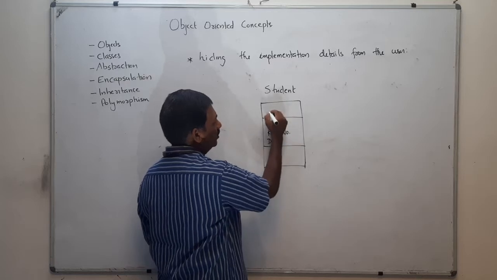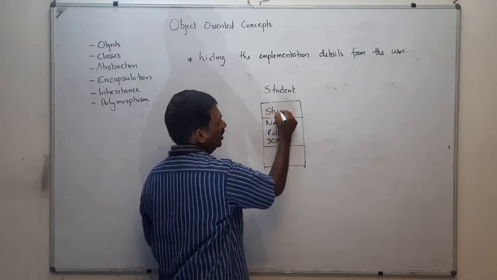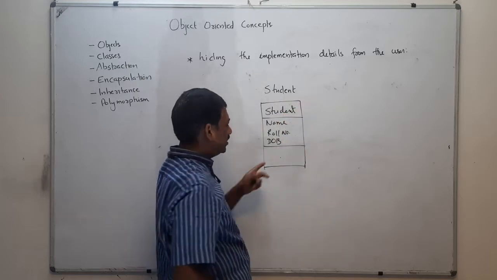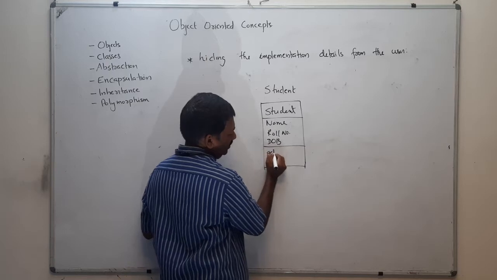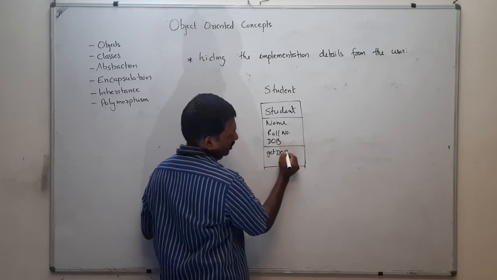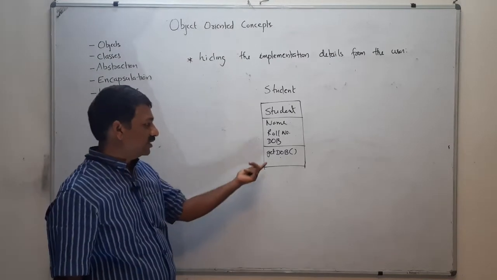Suppose that this is the class name student, and I'm going to have a function like getDOB. getDOB is a function.